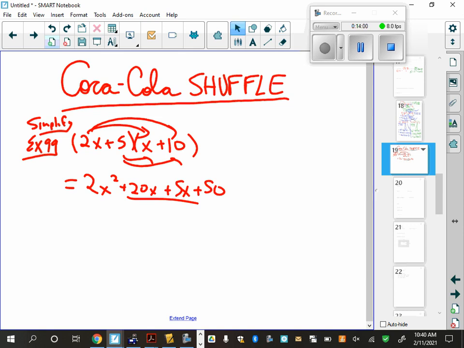I want to focus on these middle terms. Where do these middle terms come from? What arrows? In FOIL. Good. Okay, so that's where the middle terms are created when you FOIL, and that's what we're going to use to do the Coca Cola Shuffle.